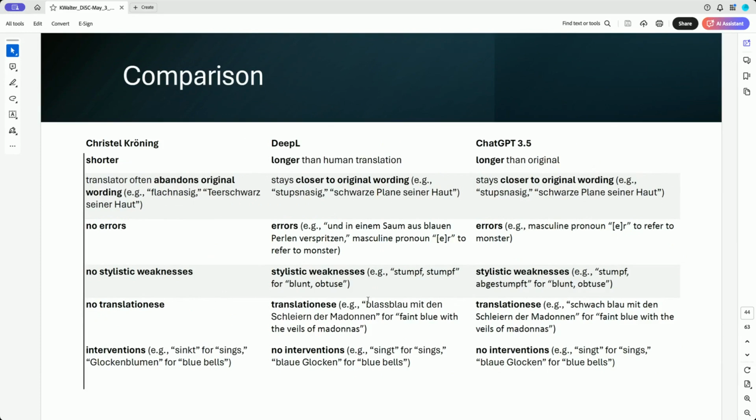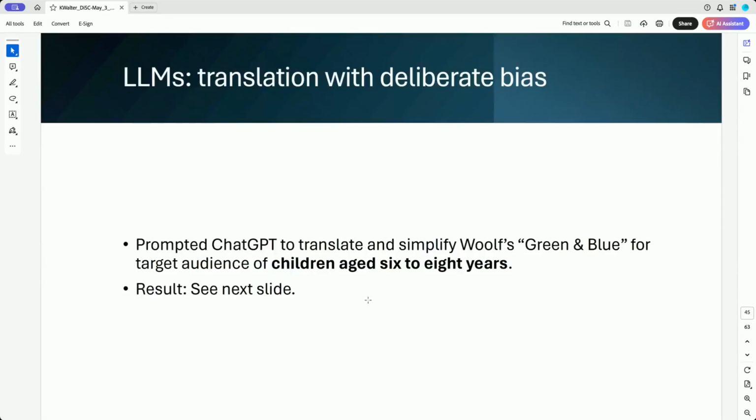We also have to remember that the text is more than 100 years old, so printing was a different story then. She thinks that the author probably wanted to say singt rather than sings about what the monster is doing. And the bluebells are very probably Glockenblumen, in which case they would have to be written as one word. These are, of course, interventions that machine translation doesn't make.